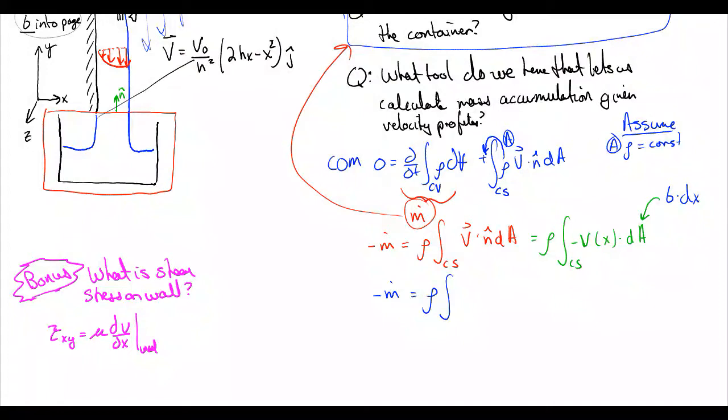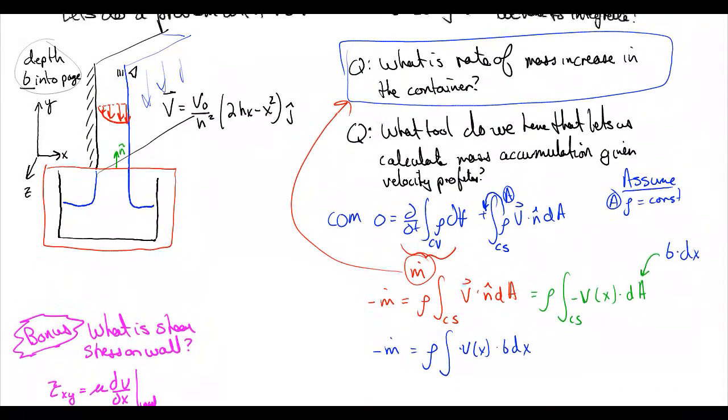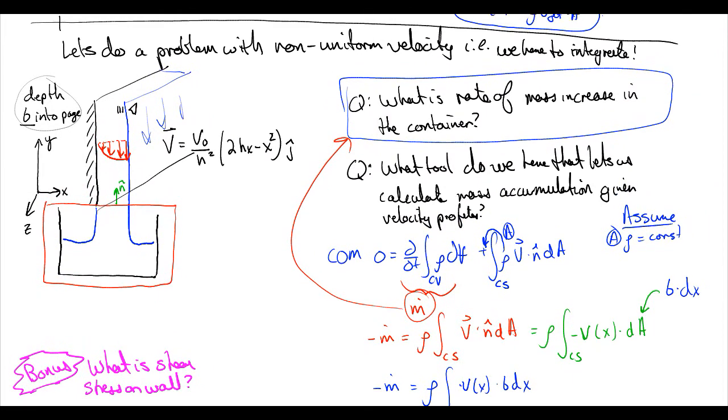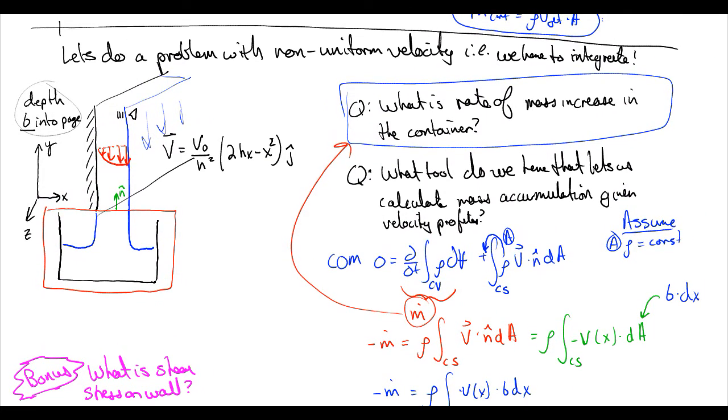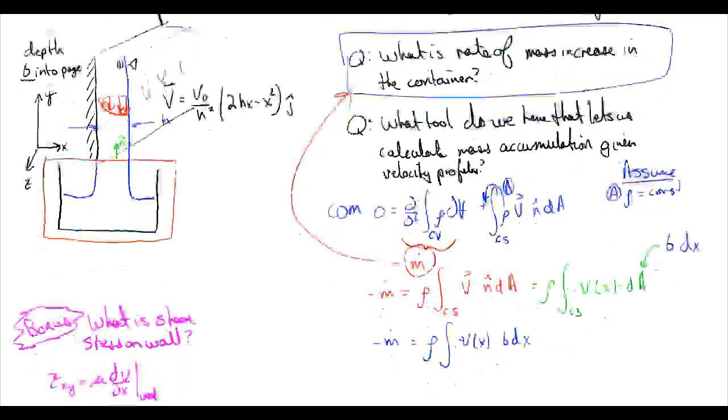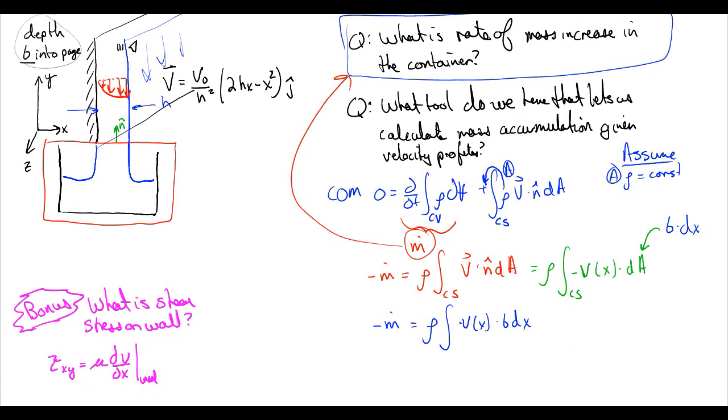And now we have to give our limits of integration, which I did not give you in the problem, so I will tell you right now. This has a thickness of h. So we are going to integrate from 0 to h.